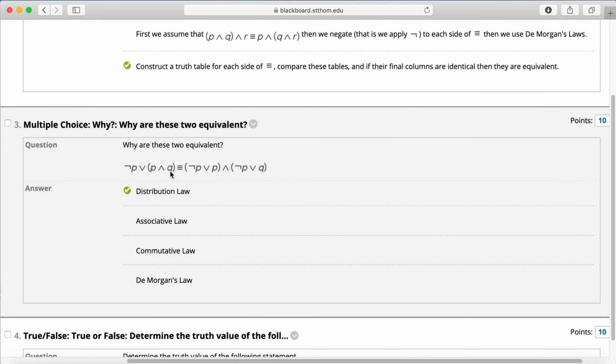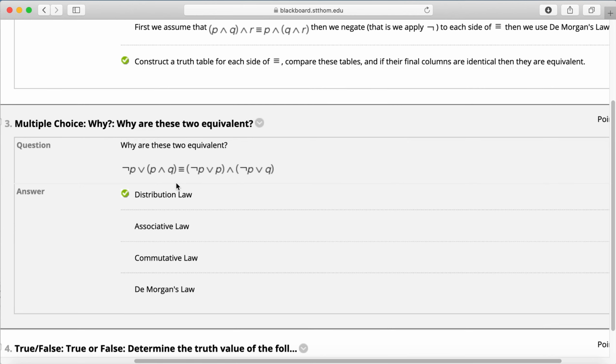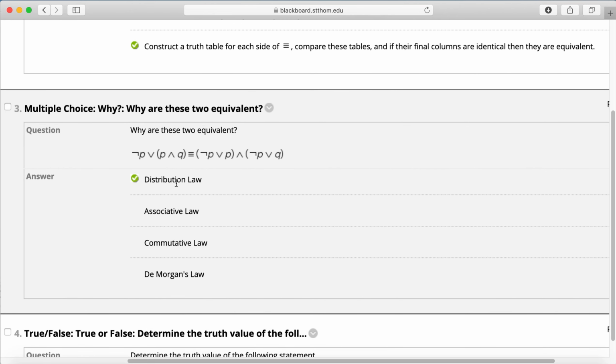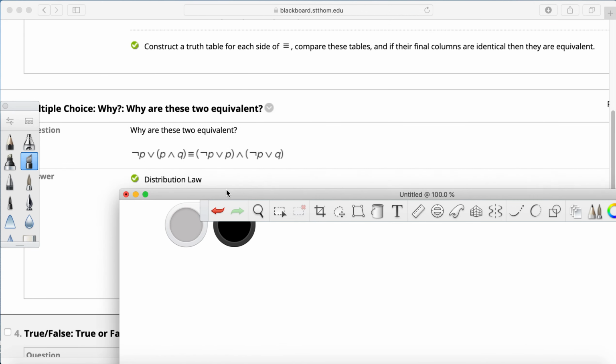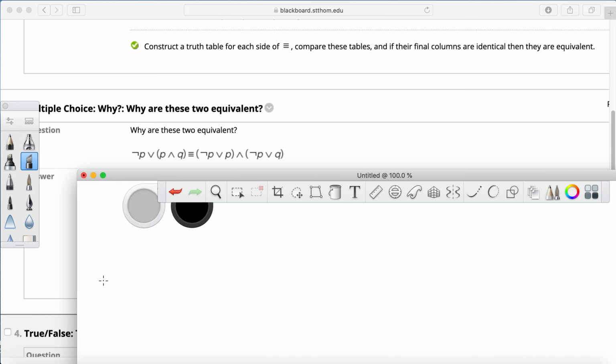Okay, so why are these equivalent? This is the distribution law. I did discuss this in the algebra of propositions video, but I'm going to go over it really quick in case it's not clear. So you have, let's use different letters, R or (P and Q).